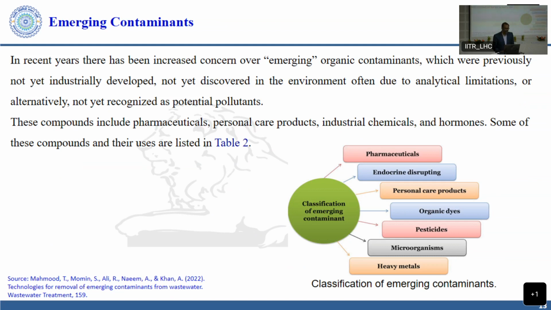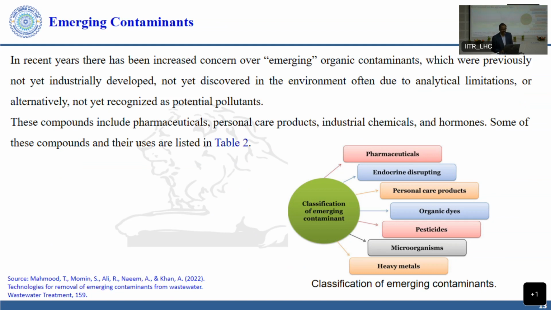In recent years, concern has increased over emerging organic contaminants, which were previously not yet industrially developed or not yet discovered in the environment, often due to analytical limitation. Analytical limitation means there was no device which could measure these emerging contaminants in the water.